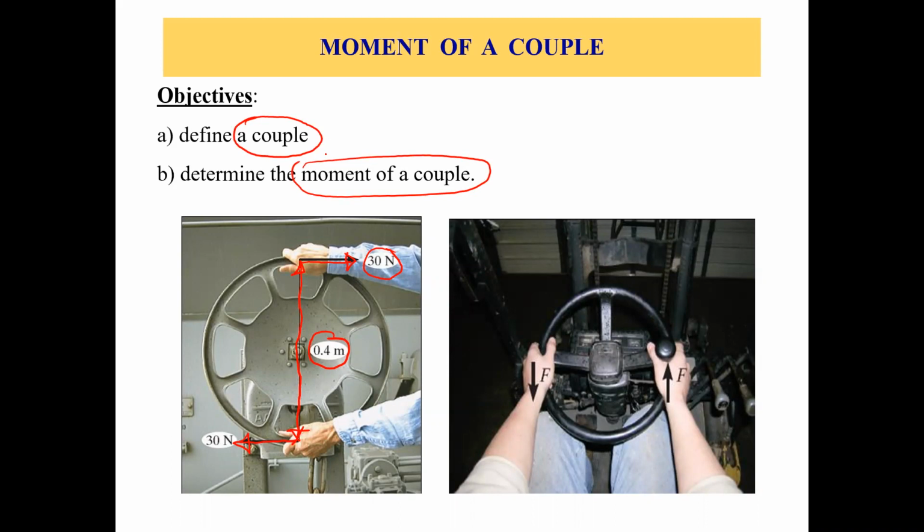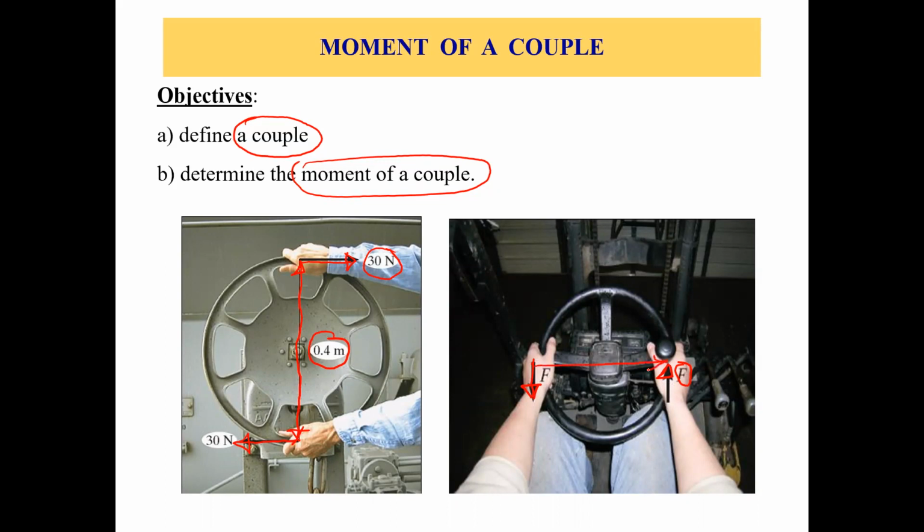In the picture on the right, what is this guy doing? He is trying to rotate this steering wheel with his two hands, applying this force in this direction and this force in this direction. Let's say these two forces are equal, so F equals F, and they're opposite, as you can see, and they are parallel. And they have some perpendicular distance between them.